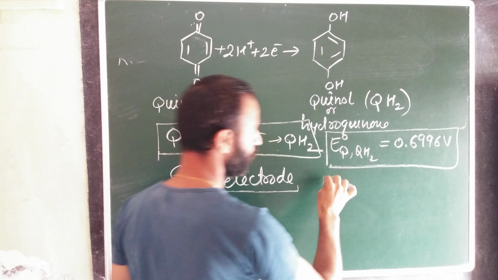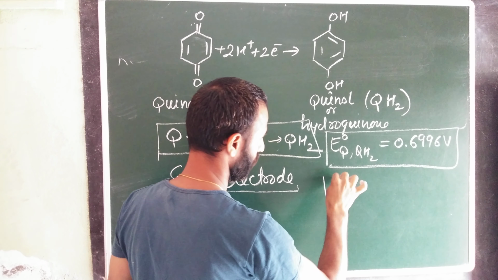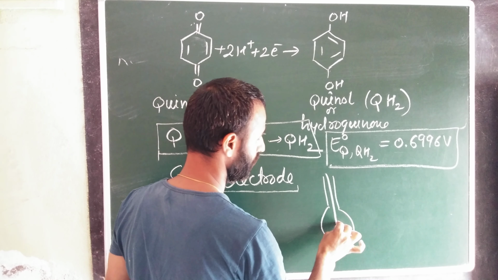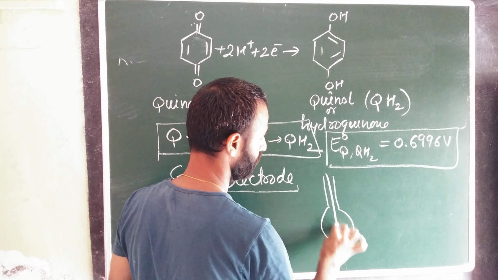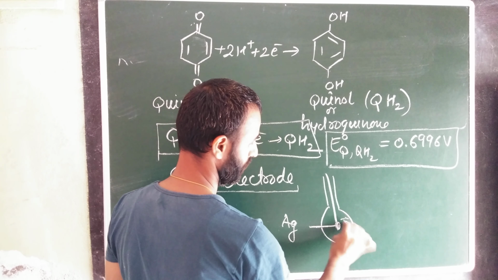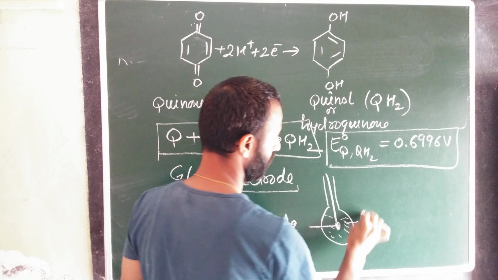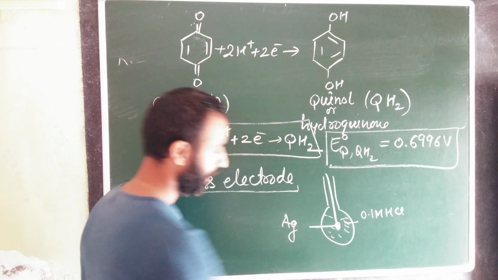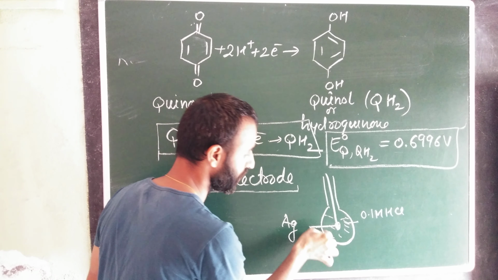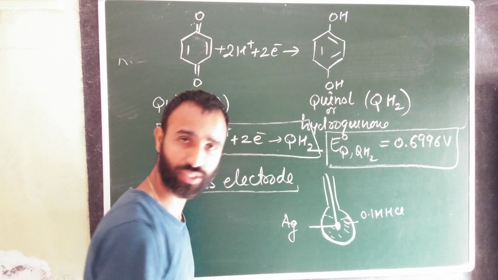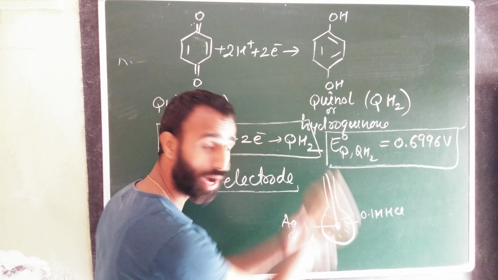Actually, the glass electrode is made up of a special type of glass, with silver in 0.1 molar HCl, and this glass is special in that H plus ions cannot pass through it.